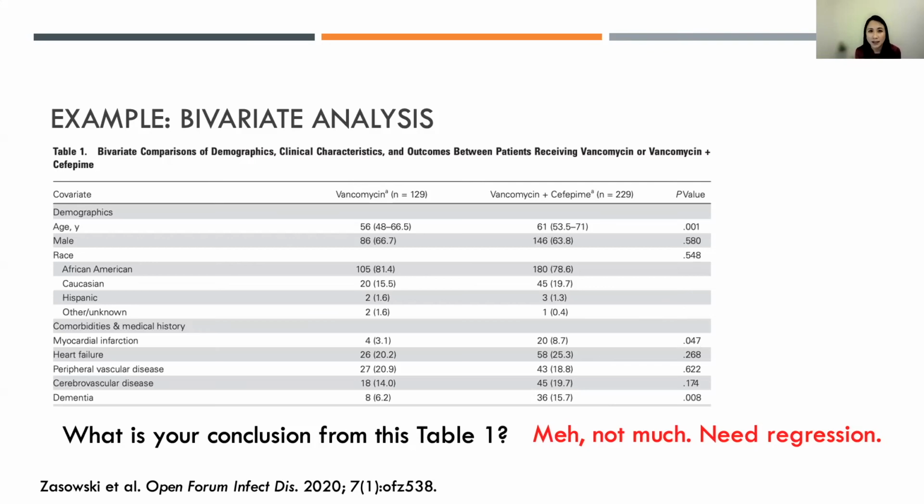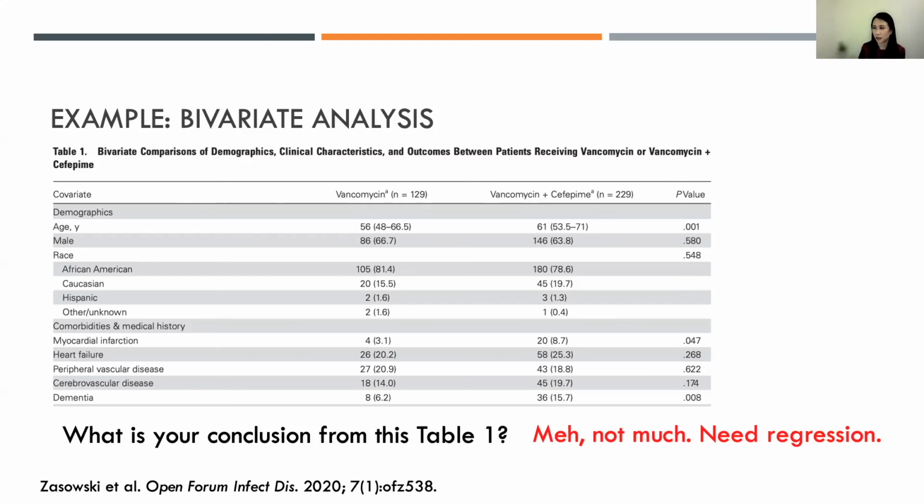The key thing to keep in mind is that the data presented in a table one like this, where only the treatment groups or exposure groups are shown, is just for information only. None of the variables shown on this slide should inform your regression model. What I mean is you really need to make, more or less, a table 2, if you will, wherein the columns and the comparator groups are your outcomes of interest.